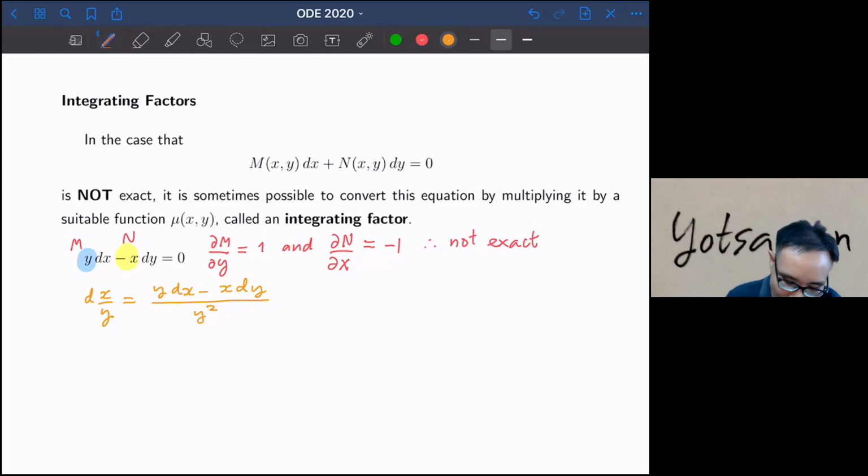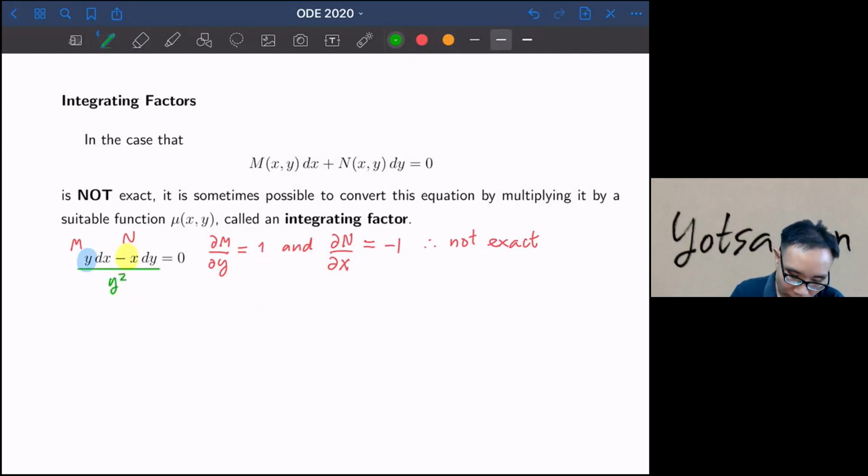So we're just going to guess. From guessing, we multiply the whole thing by 1 over y squared, so we divide by y squared.